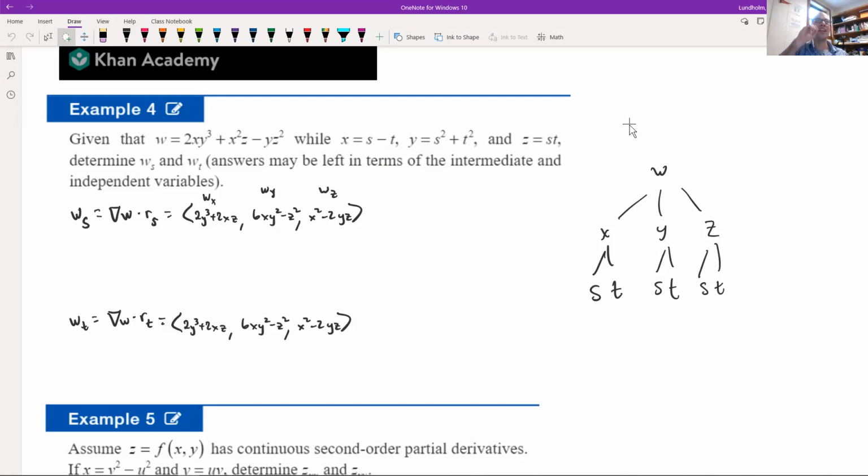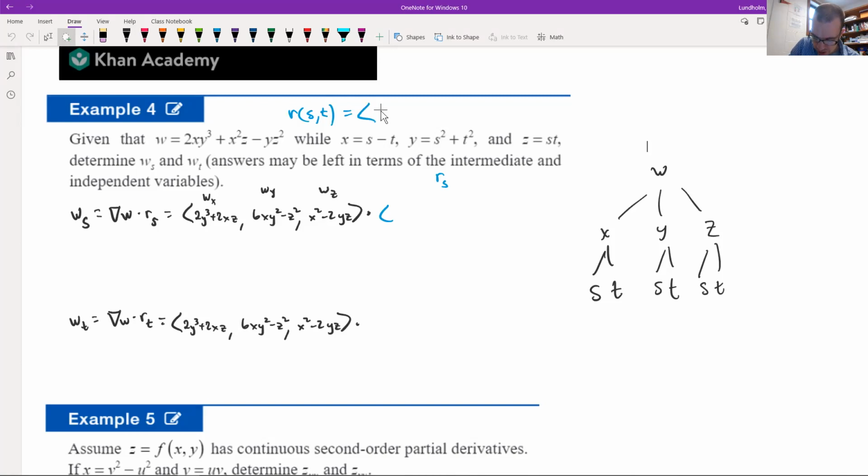Now we're going to be taking the dot product of this gradient vector with here we're going to find R sub S. And so if I go up here, let's actually just make our vector R of S and T and write that as a vector valued function.